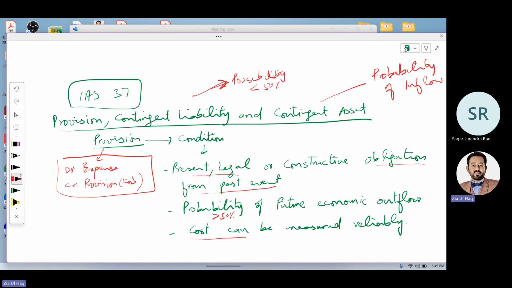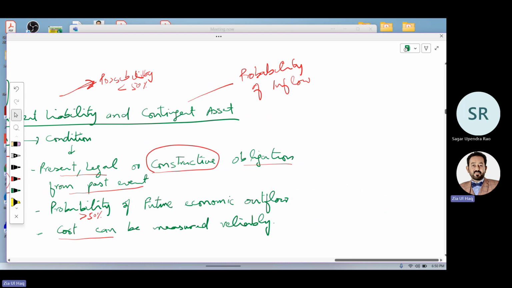So what is a present legal obligation? You have done something against the law. What is a constructive obligation? The company has done something against which there might be chances of payment, but that is not against the law. Like the company has provided a warranty to the customer.